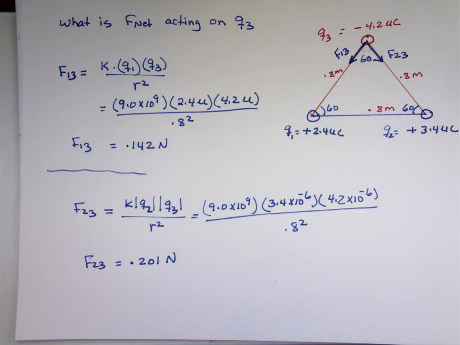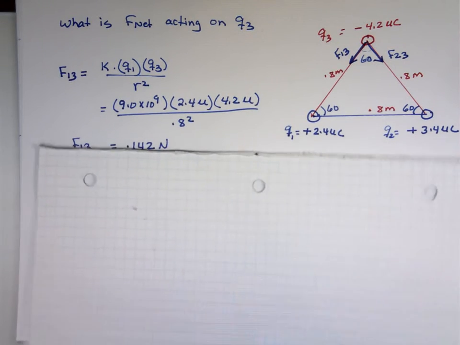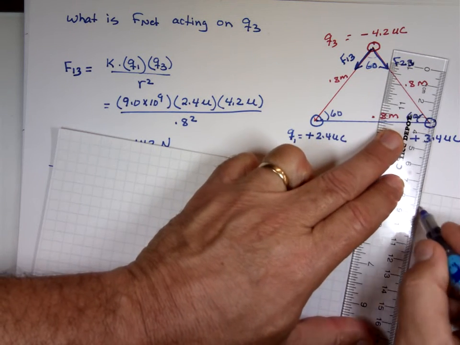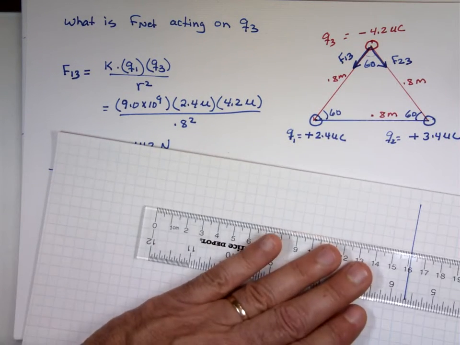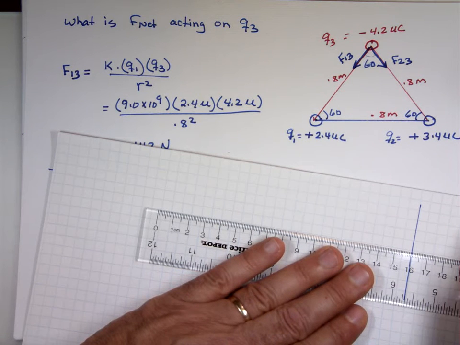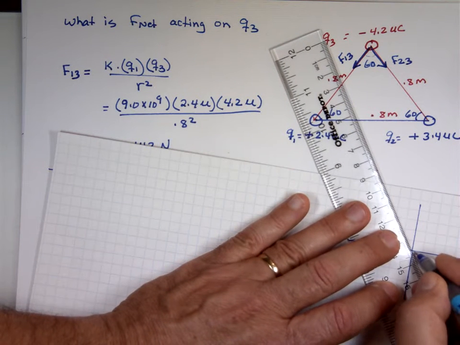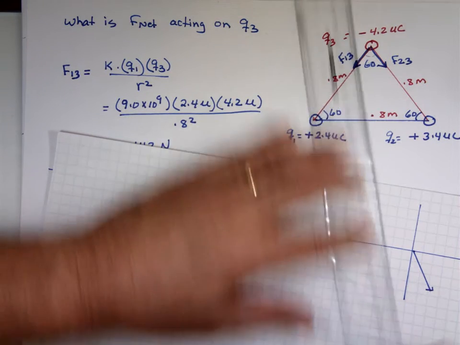Now I get two forces. I need to find the net result of them. I got a graph paper here, perfect. Good, there's a couple sheets here, I can use that. Here's what I have. If I draw my axes right here, X and Y axes, I got one force in this direction and I got one force in this direction.